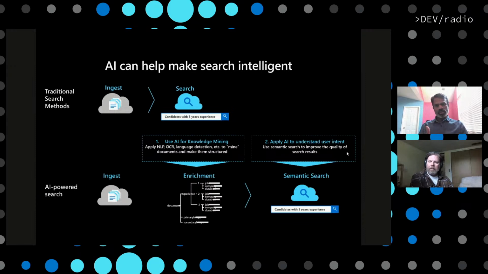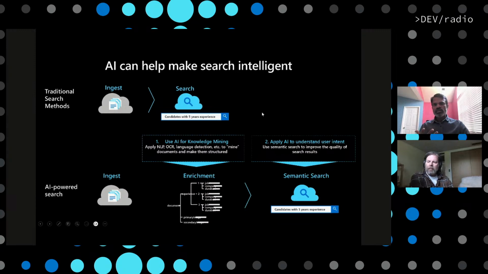With traditional searches, as I was alluding to earlier, we ingest the data and documents, and we search the data based on keywords. The search brings up some results which may not be relevant at all.